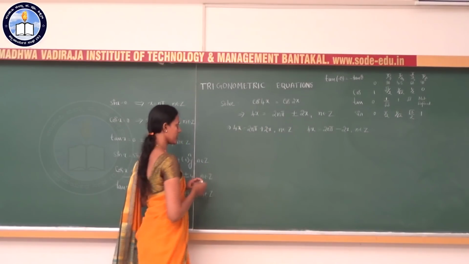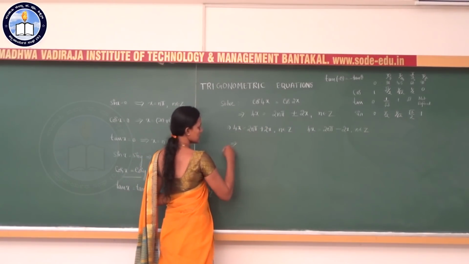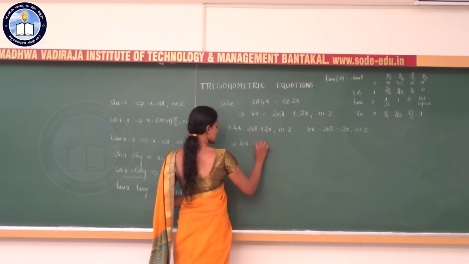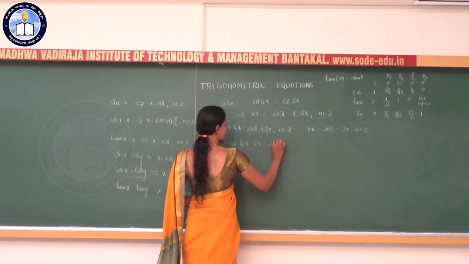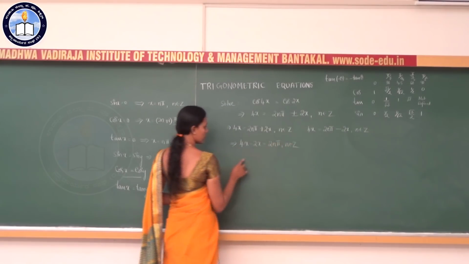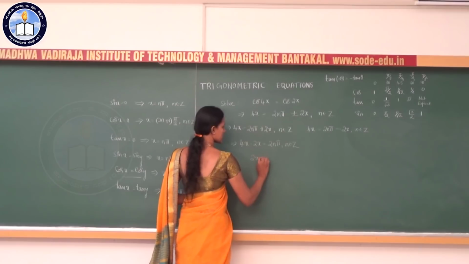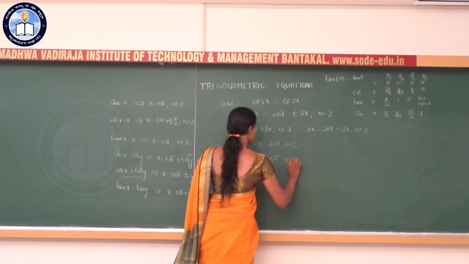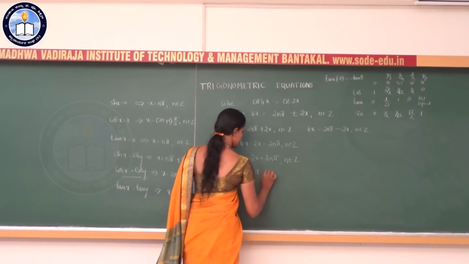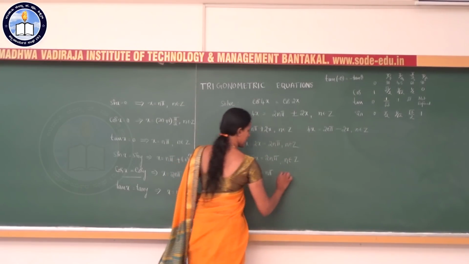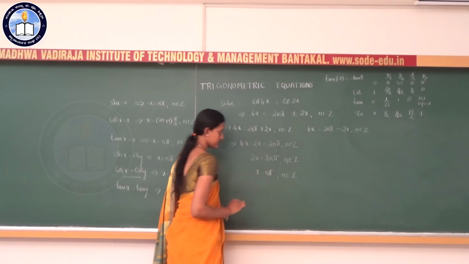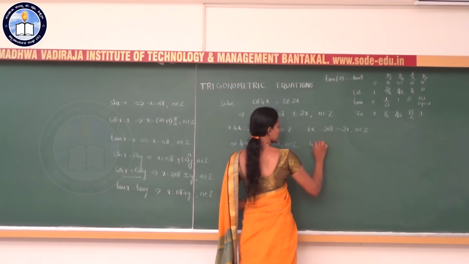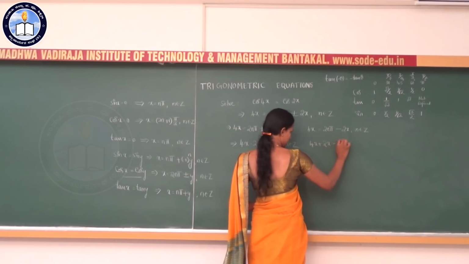Let us solve for x in both cases. In the first case, 2x, when we take it to the left hand side, it will be minus 2x. And so on the left hand side it is 2x is equal to, right hand side is 2n pi. So x is n pi, where n belongs to Z. In the second case, minus 2x, when we take it to the left hand side it will be plus 2x.